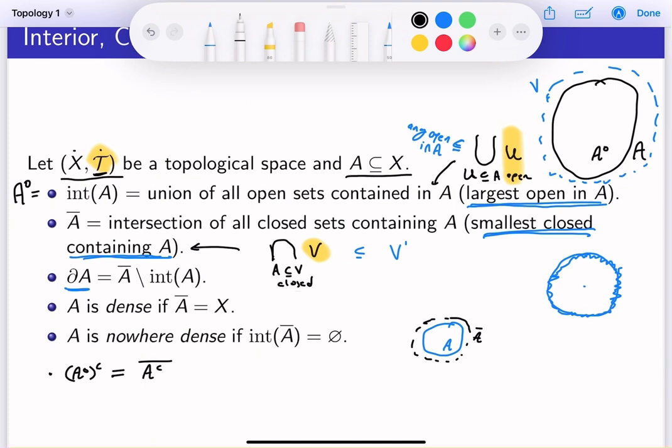Such sets exist, and we're going to see some examples later on. But it's important to keep these definitions in mind.